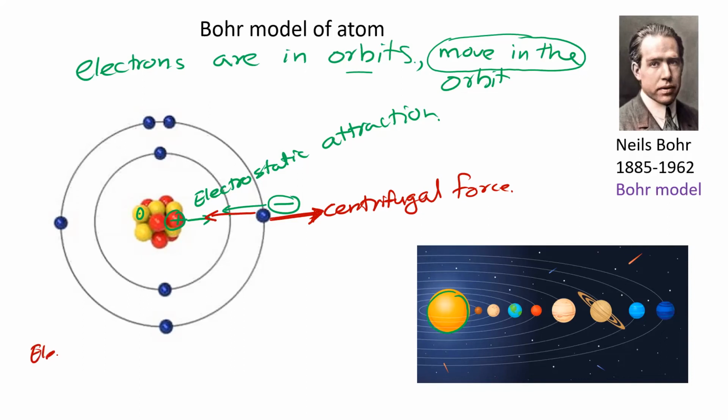So electrostatic force is equal to centrifugal force. That way, the electron doesn't fall into the nucleus, and also the electron doesn't spin all the way out from the orbit. It can stay in the orbit because it moves. So that is why he theoretically proposed it.